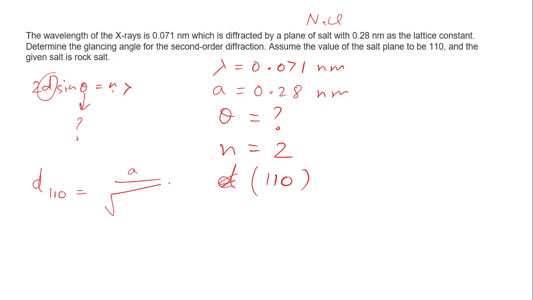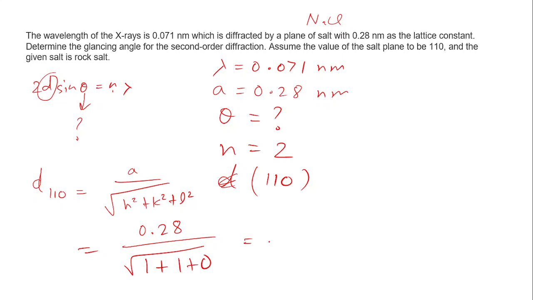d is equal to a divided by under root h square plus k square plus l square. a is given, 0.28 nanometer, divided by root of 1 square plus 1 square plus 0. That means in nanometer, this will be 0.28 divided by root 2 nanometer.